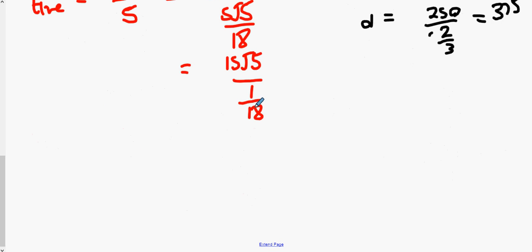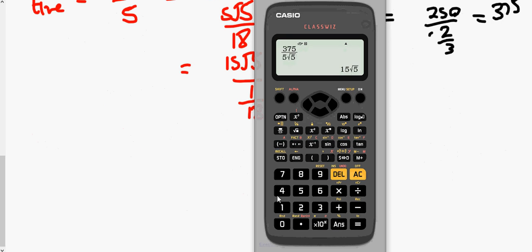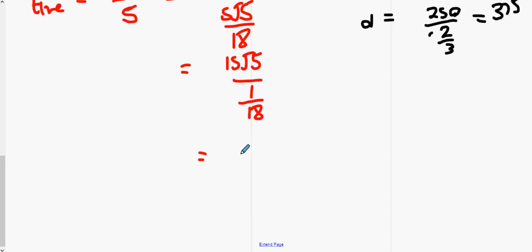Then 18 multiplied by 15. Sorry, answer multiplied by 18. Oh, I did it again. So what's 15 multiplied by 18? 270. So it's 270√5. Well, that was a frustrating question. Okay, that was pretty handy.